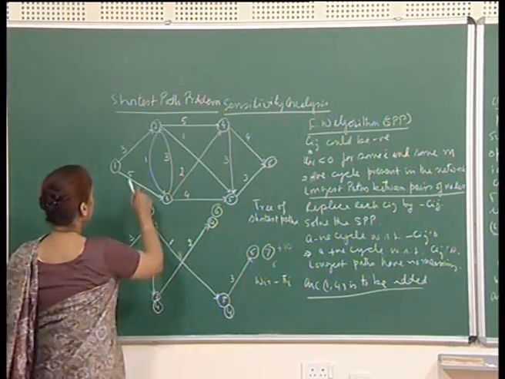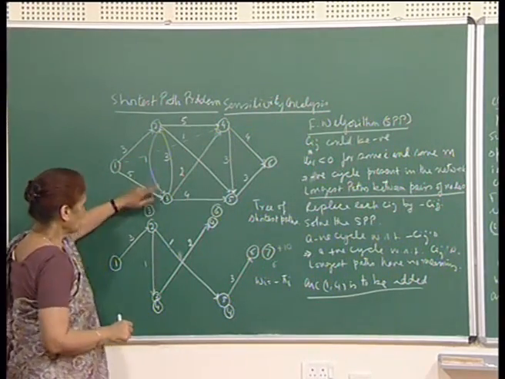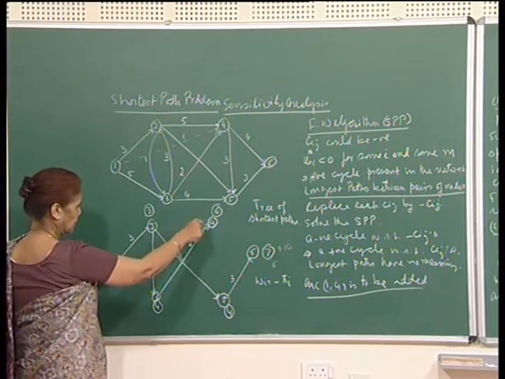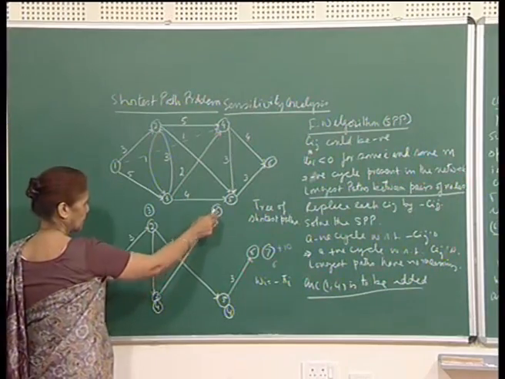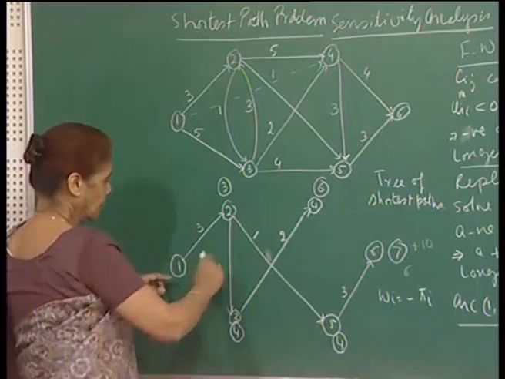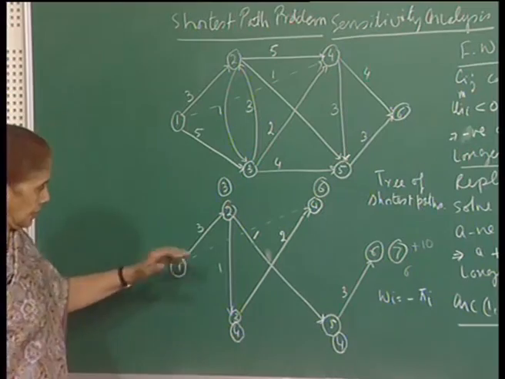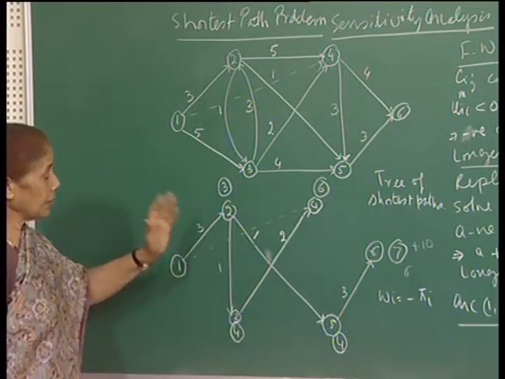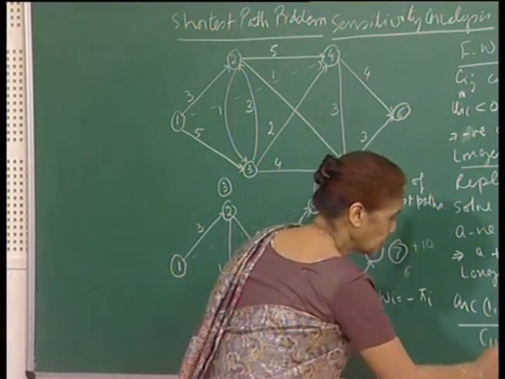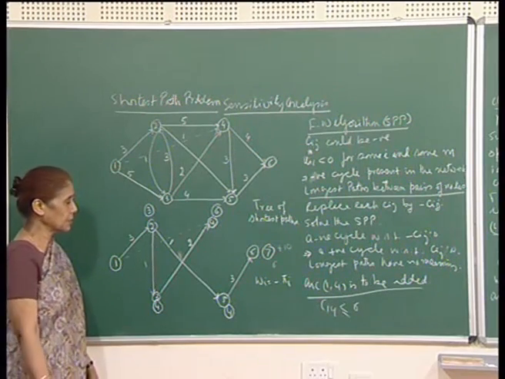So, currently the shortest path length from 1 to 4 in your shortest path tree is 6, right, because these are the shortest path lengths from node 1. So, if you want to construct this arc, then your C 14 should be less than or equal to 6. In that case, you will have an alternate optimal solution.